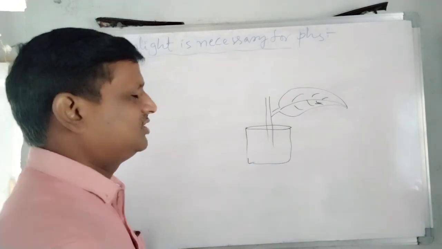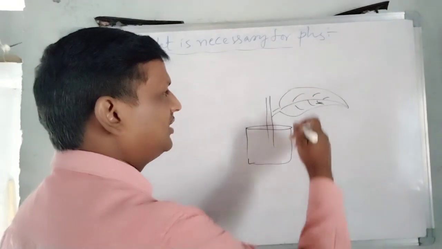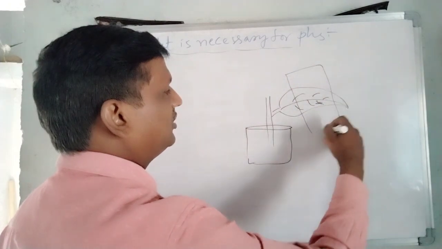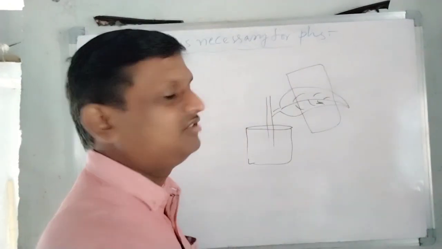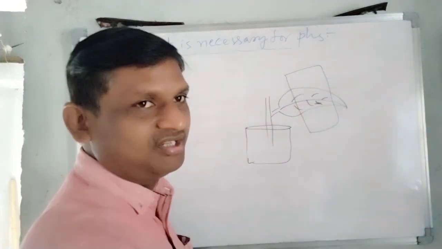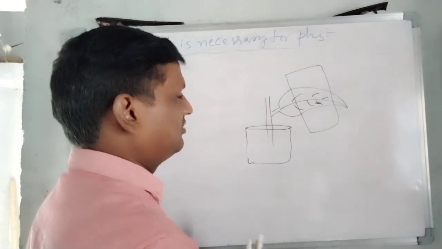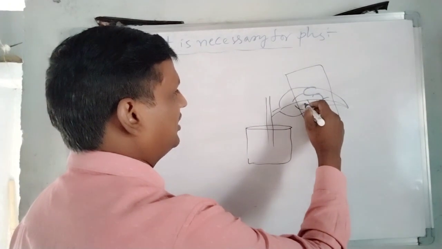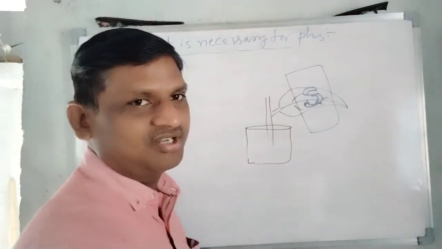Then after a few days, take out the plant, keep it in the presence of sunlight, and arrange one light screen onto the leaf. This light screen has a cut design, for example an S-shaped cut design.